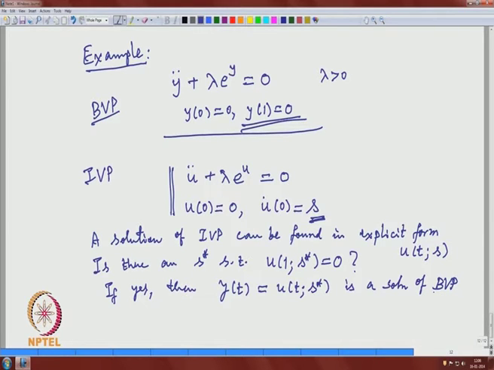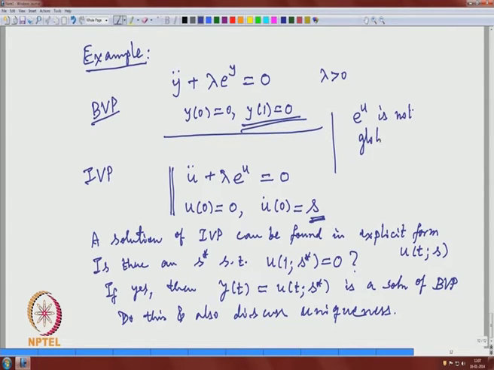Do this, and also discuss uniqueness. Why I am stating this example is that this e^u is not globally Lipschitz; it is locally Lipschitz.